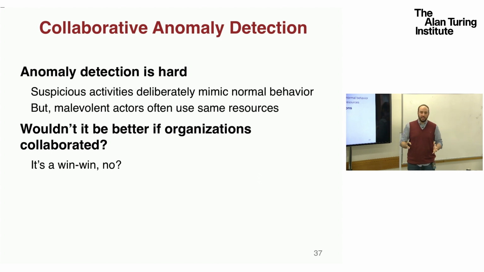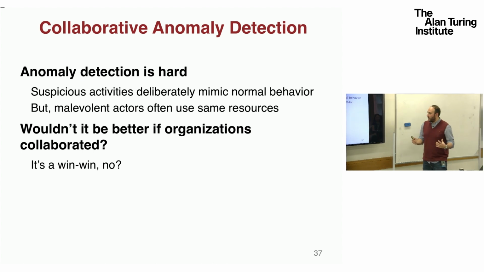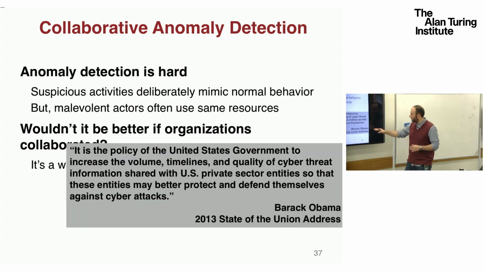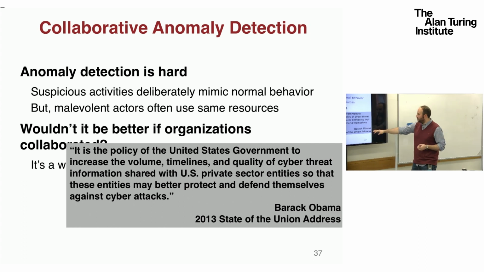So it's not very surprising to try and have ways for organizations to work with each other, to collaborate, to share information as to how they're attacked, so that they can better defend themselves. You remember even in the State of the Union address, Barack Obama, well, we miss him, huh?